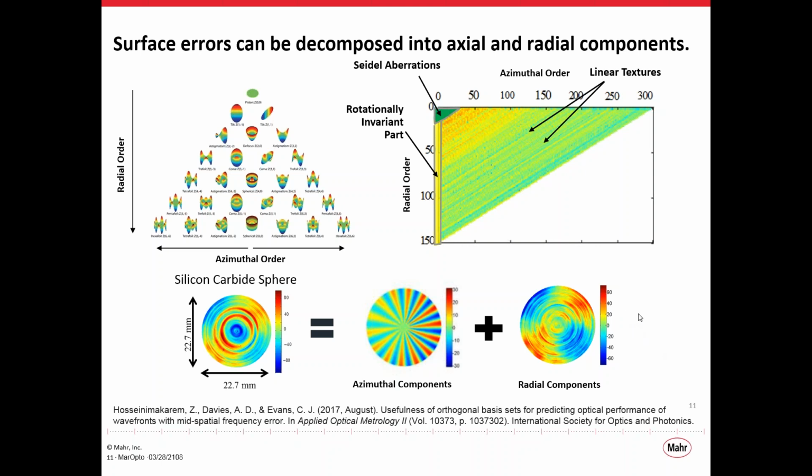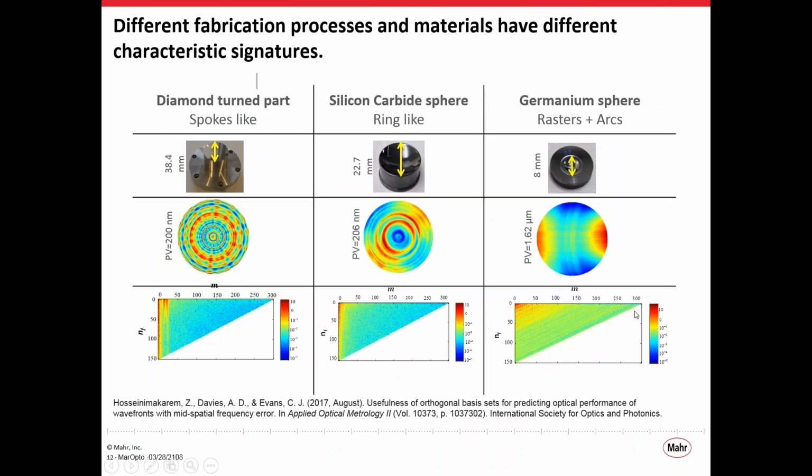And what they noticed was that this structure in the bulk of the plot can be related to the process that was used to generate the surface. For example, here's a diamond turned surface, here's a post-polished diamond turned surface, and here's the different signatures for those surfaces. Well, if you can understand these plots and you can get the data in order to make these plots, then you have something that you can use to control the process.